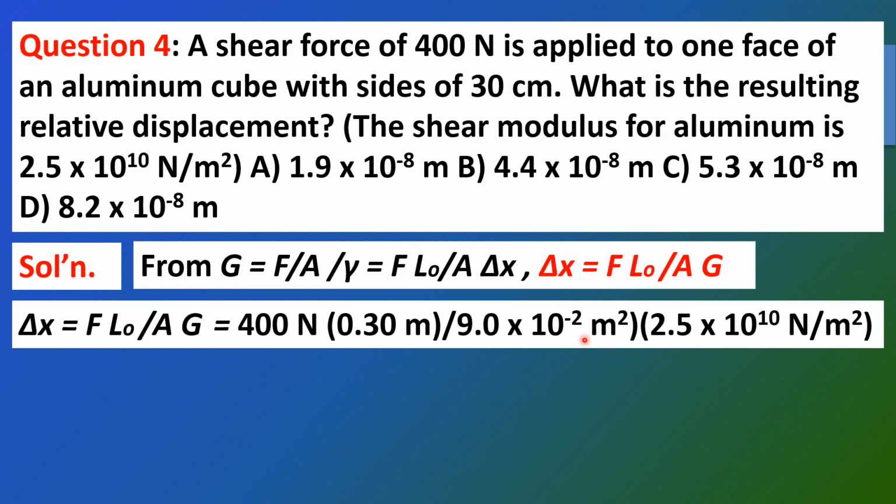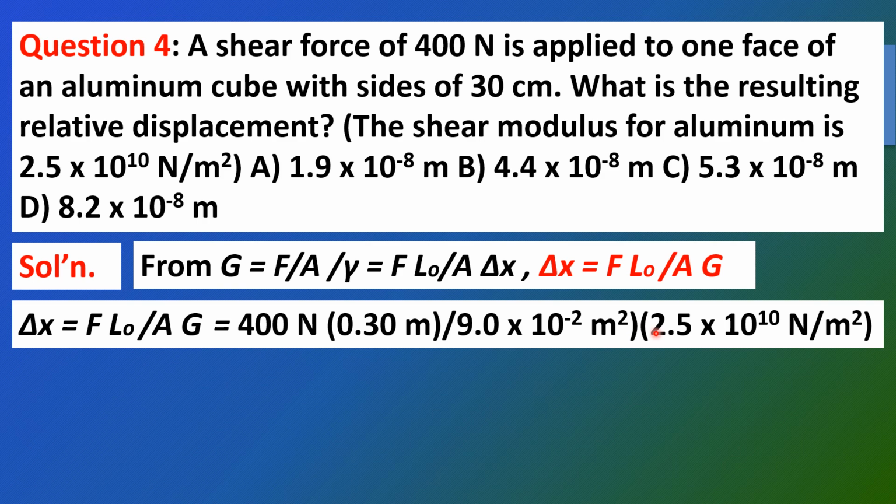Originally, what was given only is the measurement of one side of the cube, equal to 30 centimeters. So when converted to area, using meters squared as the unit, that is equal to 9.0 times 10 to the negative 2 meters squared.